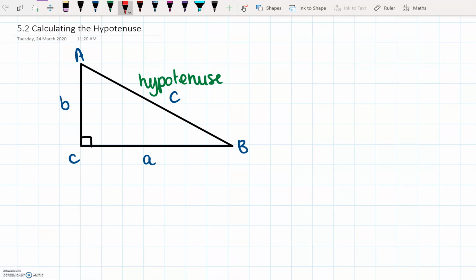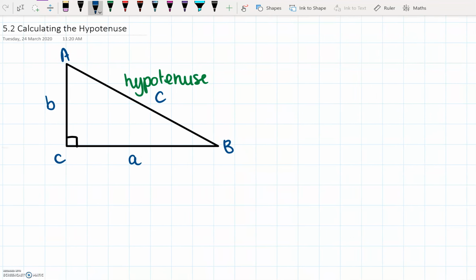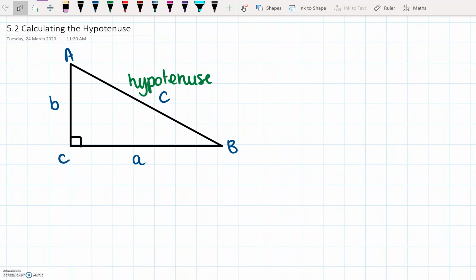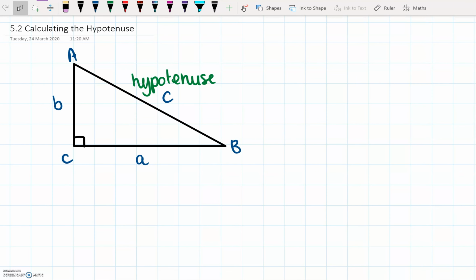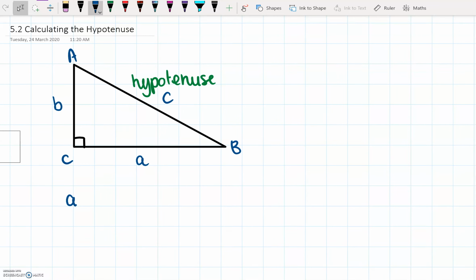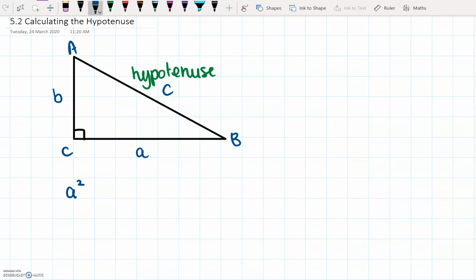Firstly, we're going to start by talking about Pythagoras' rule. We said in the last lesson that Pythagoras' theorem is that if you square the two shorter sides and add them together, you get the square of the longest side. So we can write that as a squared plus b squared is equal to c squared.